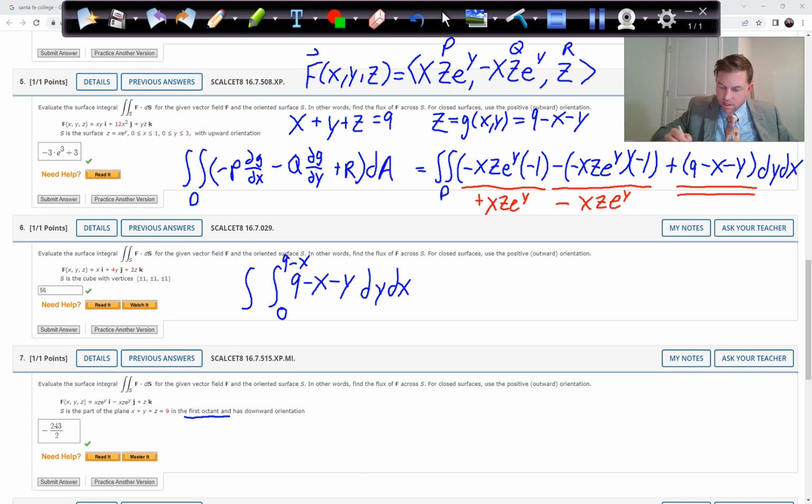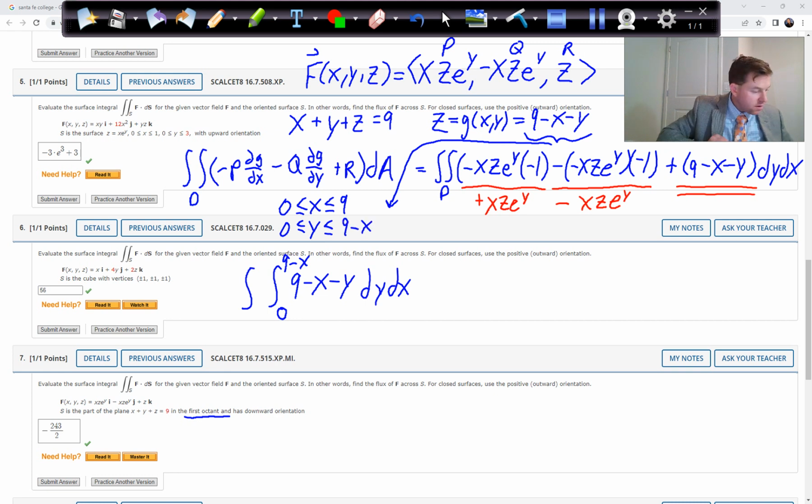So basically from here, we get two constraints. One is x should be between 0 and 9. The other one is that y should be between 0 and the line 9 minus x. Okay, so that's going to give us our limits of integration, 0 to 9.